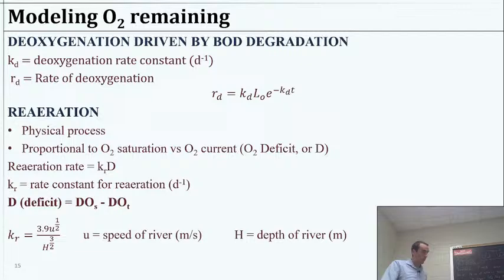There have been quite a few studies looking at how quickly rivers reaerate, their capability of reaerating. And people have derived empirical equations that relate to the height and the speed of the river. So this equation, K_r is equal to 3.9 times u to the 1/2 divided by h to the 3/2, is really just a determination based on typical rivers.